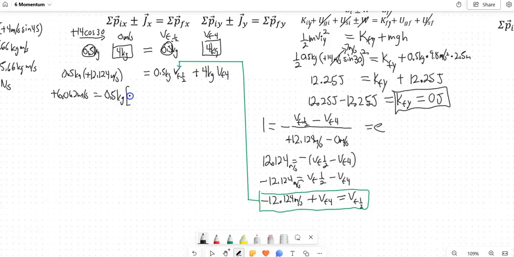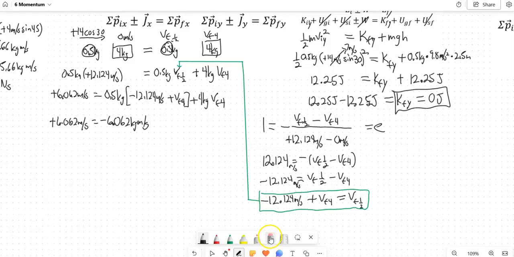12.124 meters per second plus V final 4. And then add to that the 4 kilograms V final 4. Okay, now we have to multiply this 0.5 kilograms through. And when we do that, we're going to get a negative 6.062 kilogram meters per second.